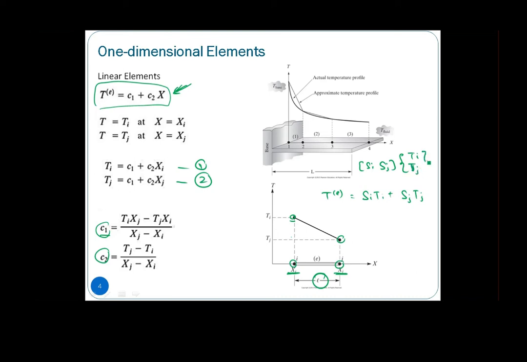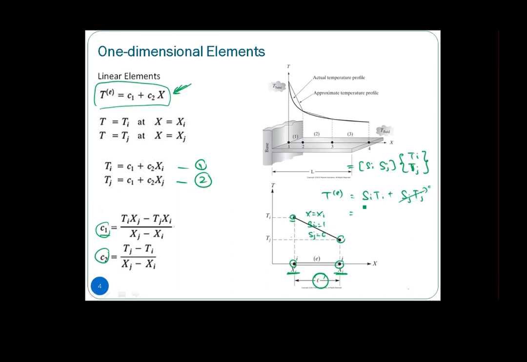If I want to determine the temperature at x equal to xi, we know that Si equals 1 and Sj equals 0.